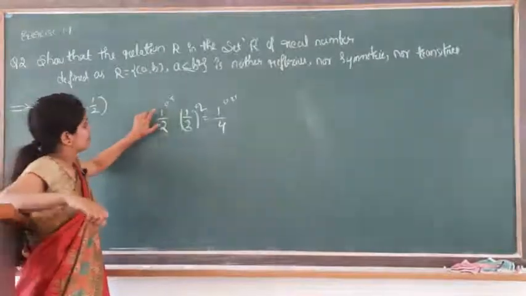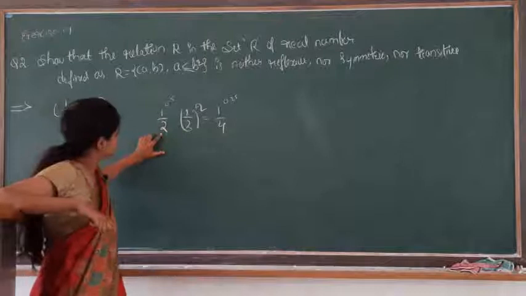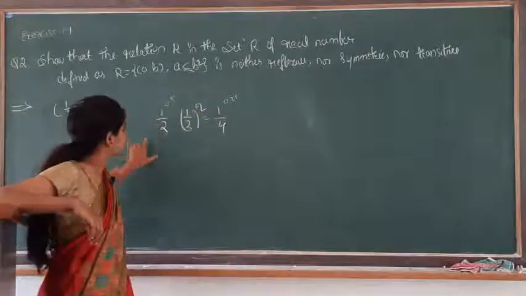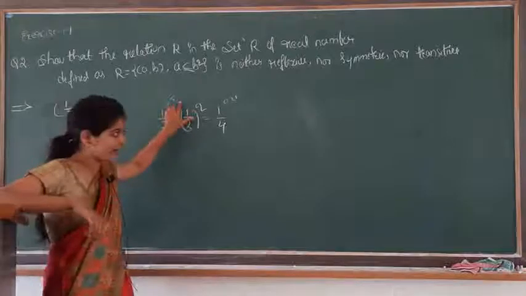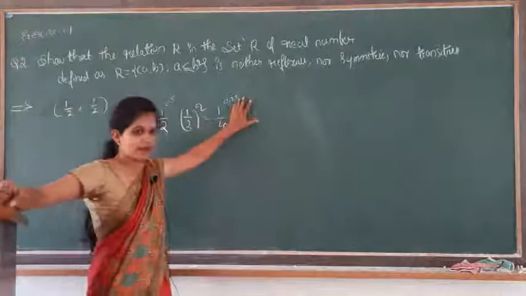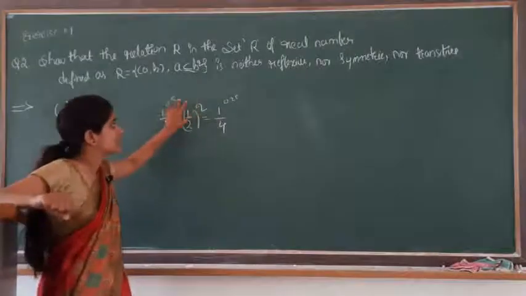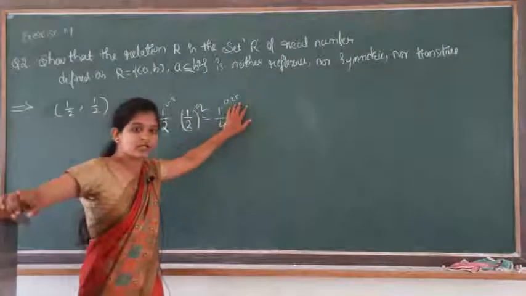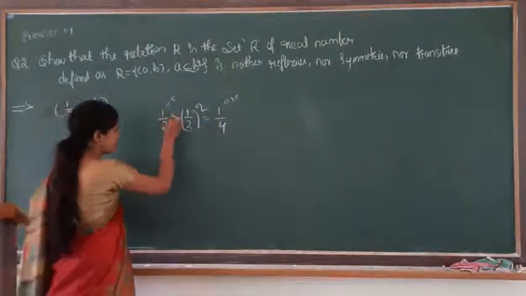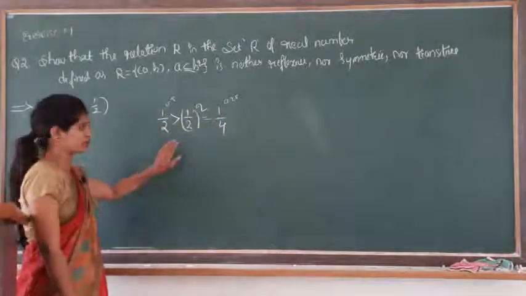We know that 1/2 is greater than (1/2) square, because 1/2 is 0.5 and (1/2) square is 0.25. Means 0.5 is greater than 0.25. That's why 1/2 is greater than (1/2) square.